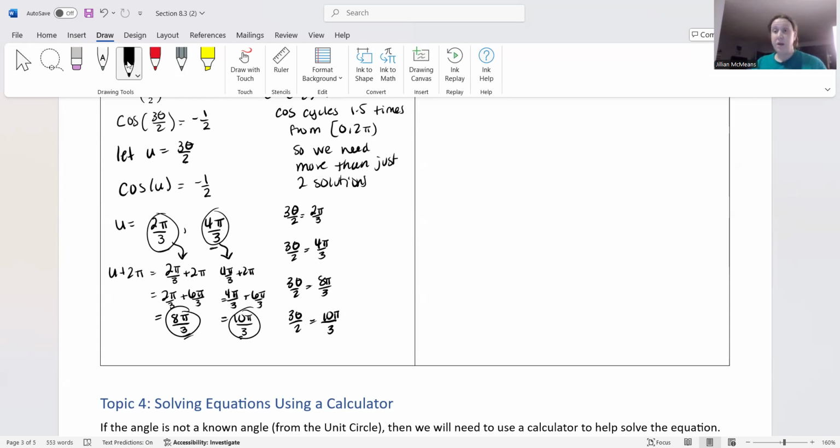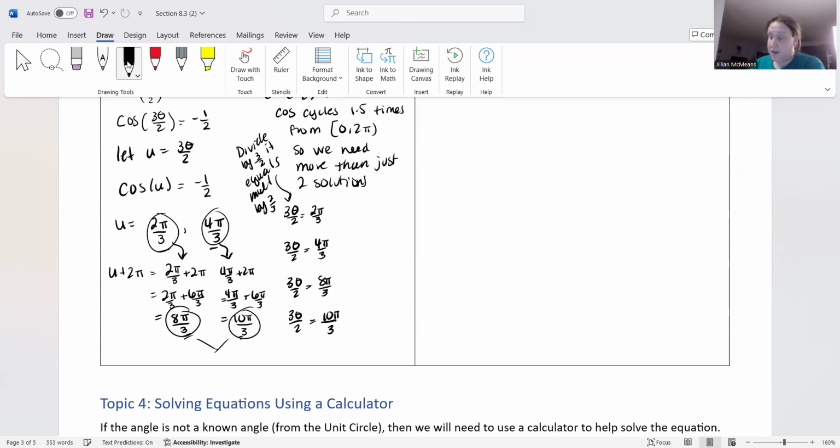Now don't freak out. We know the condition on theta is that it has to be between 0 and 2 pi. These two are for sure bigger than 2 pi, but it doesn't matter because they're u. Okay, so let's go ahead and solve for theta in each of these. So essentially, when we divide by 3 over 2, it equals multiplying by 2 over 3.